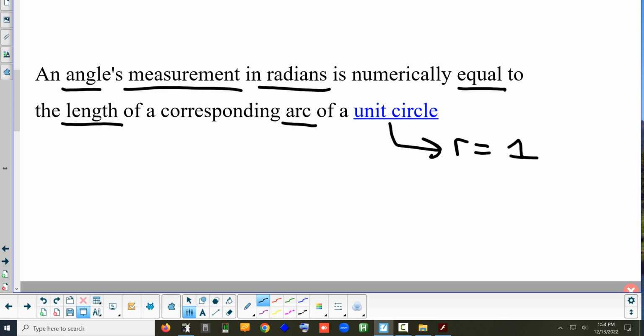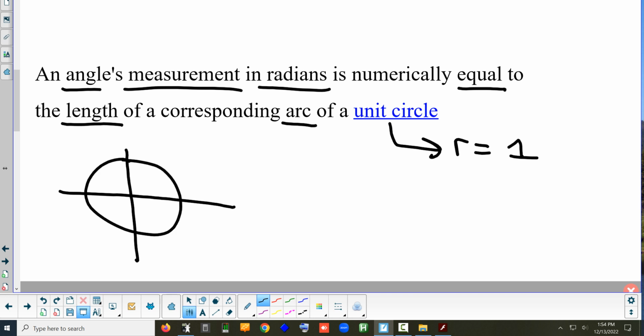Right, let me draw that out so you can see it. So let's say that that circle has a radius of 1. And let's draw an angle in that circle.